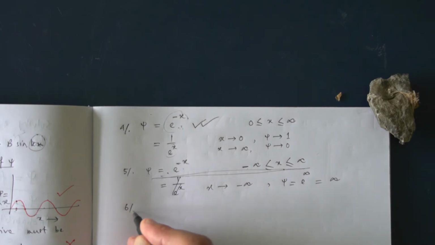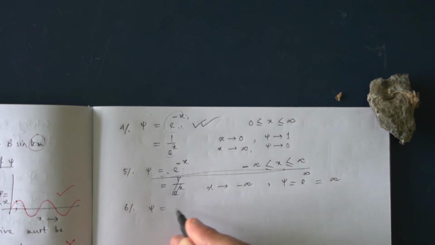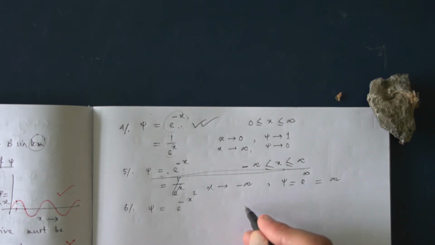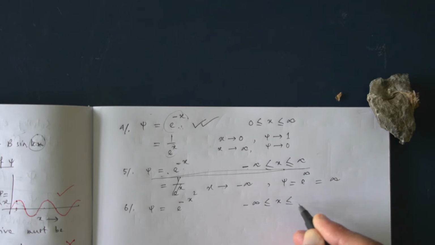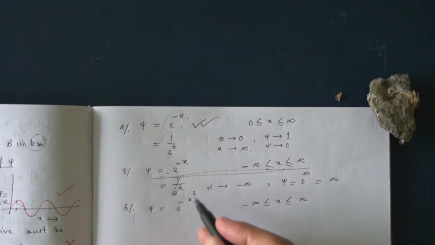Similarly, let us see another example. Psi equal to e to the power minus x square, and the limit is minus infinity to plus infinity. I can write it like this, 1 by e to the power x square.